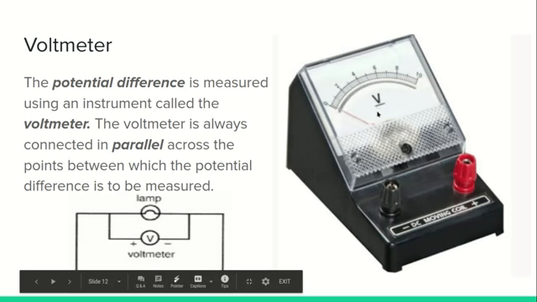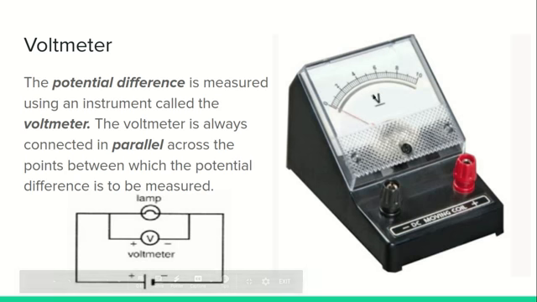You will see that the voltmeter has the symbol V written on it. This voltmeter has 2 terminals, the negative and the positive terminals, and you can see the reading is written as 0, 2, 4, 6, 8, 10.